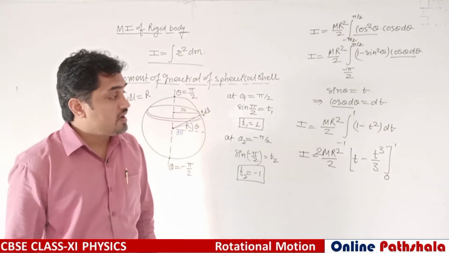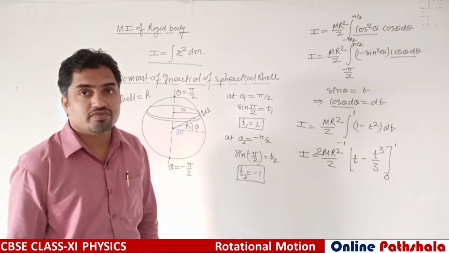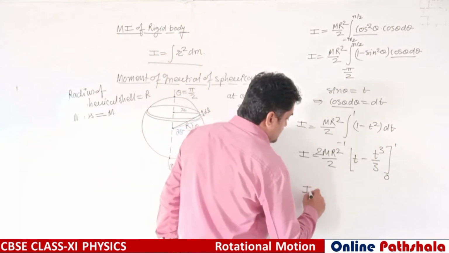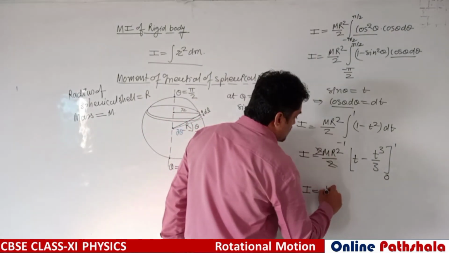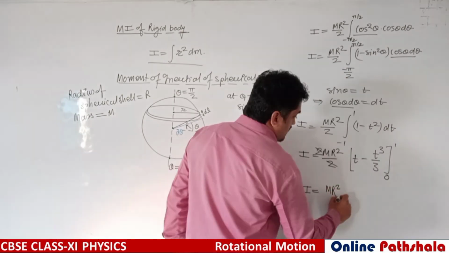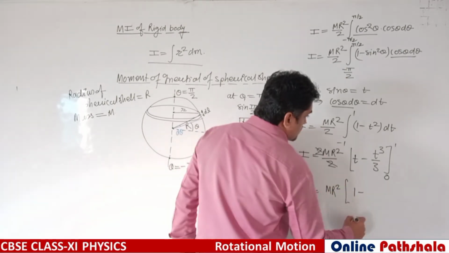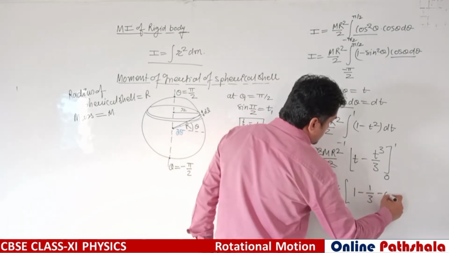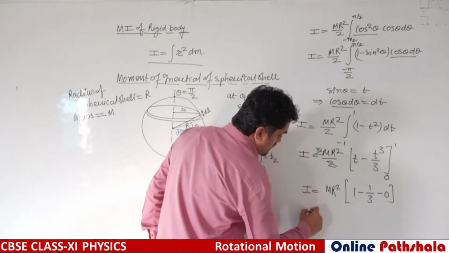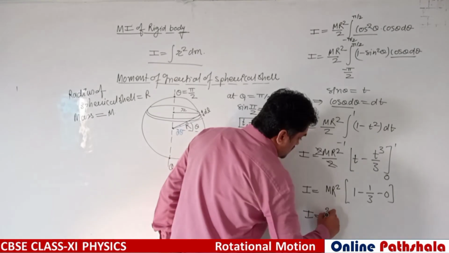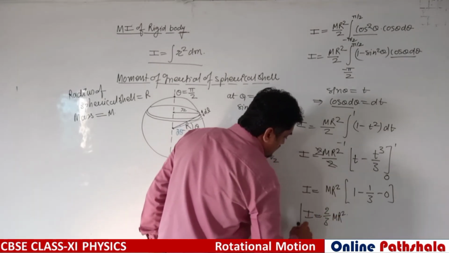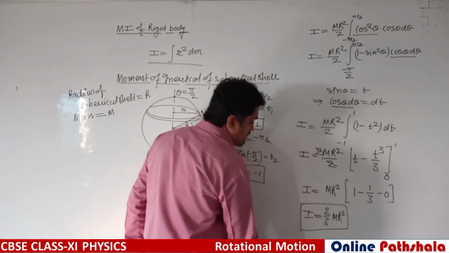It is a property of even functions. I is equal to, this 2 will cancel out, mr square, upper limit 1 minus lower limit 0. So, 1 minus 1 by 3 minus 0. So, finally, we are getting 2 by 3 mr square.